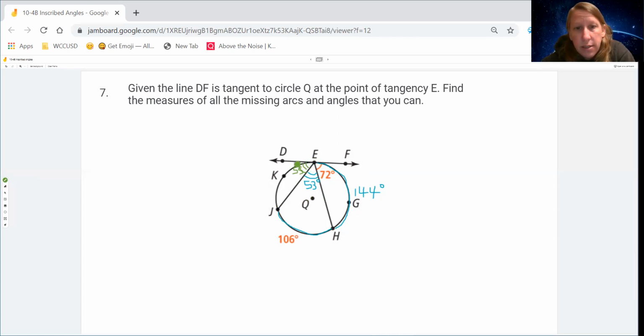So this missing arc around the edge of the circle is twice that. So 55 times 2 is 110. Now, how can I know if I'm right?